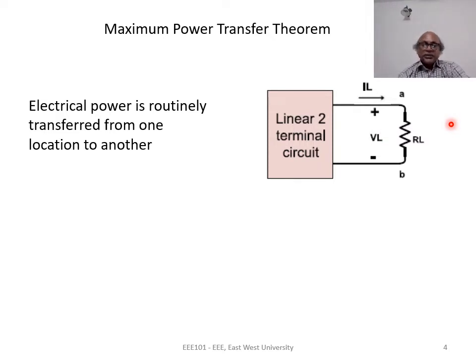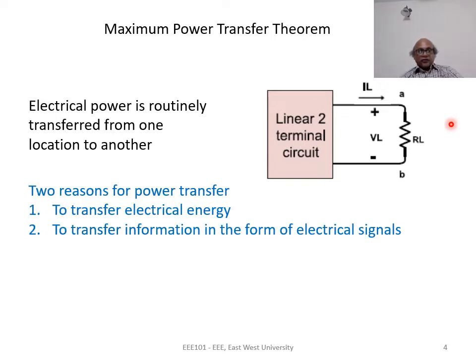There are two primary reasons why we send electrical power from one location to another location. The first reason is to transfer electrical energy from one location to another. For example, we may have a power plant outside the city and the loads may all be located within the city.